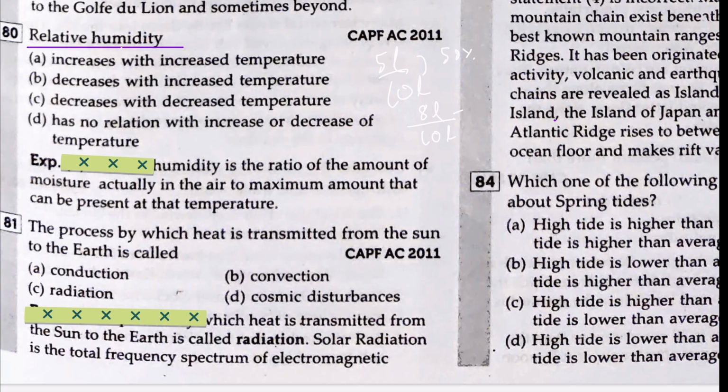This is 80%. Relative humidity increased. Okay, with increasing temperature it has increased? No, wrong. When temperature is up, more expansion of air, more carrying capacity, hence relative humidity must decrease.